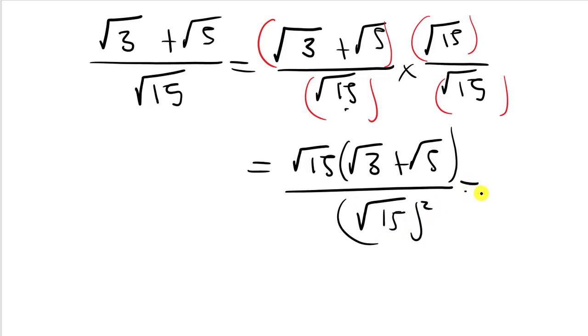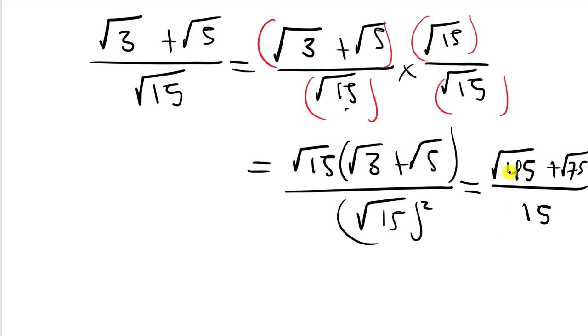Now with this, root 15 multiplies root 3, and that is going to give us root 45. Bring our operation plus the same, root 15 multiplies root 5, and that is going to give us root 75, all over root 15 squared, which is going to give us 15. Now for the numerator, the root 45 can be simplified further.